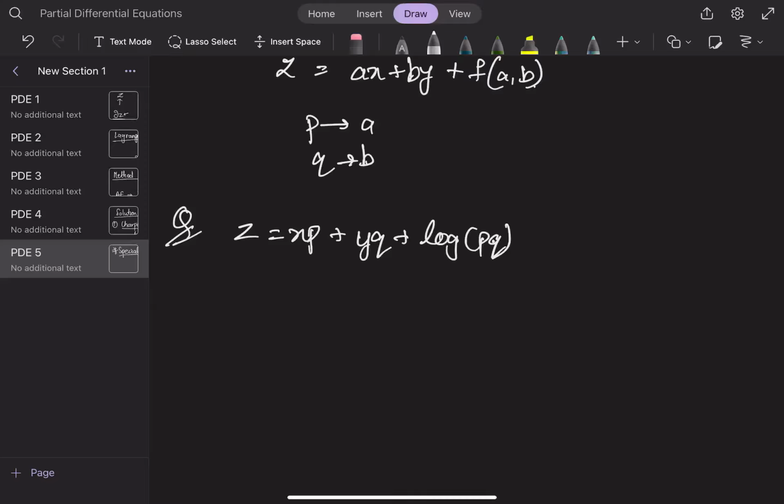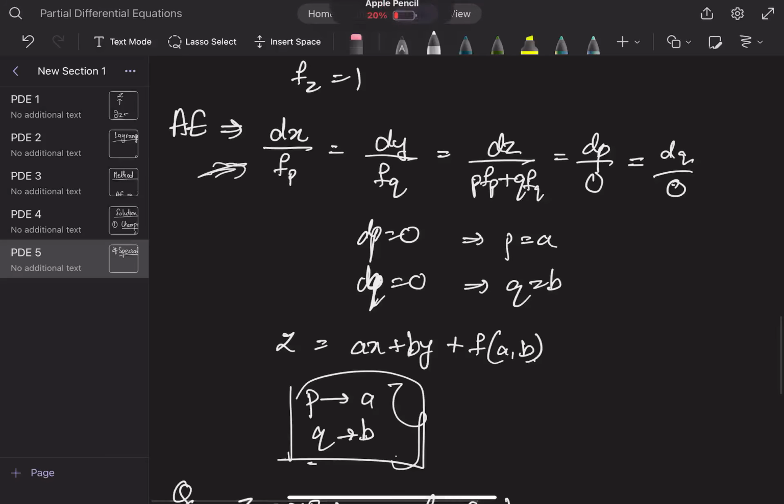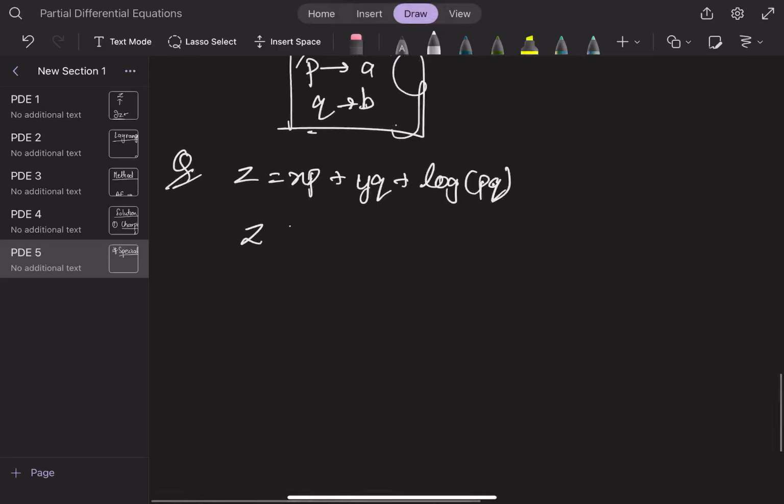So you just have to replace p with a and q with b. This is what you have to do, but make sure in the exam you write down the auxiliary equation. You have to show this equation in the exam. So here your answer will become z is equal to ax plus by plus log of ab. That's it. That is the answer.